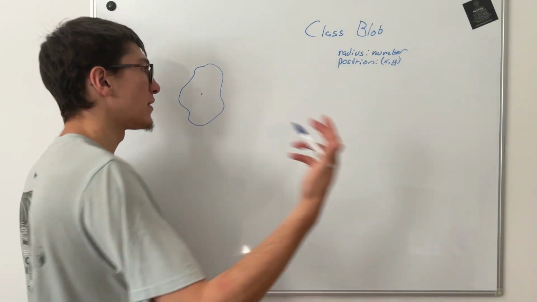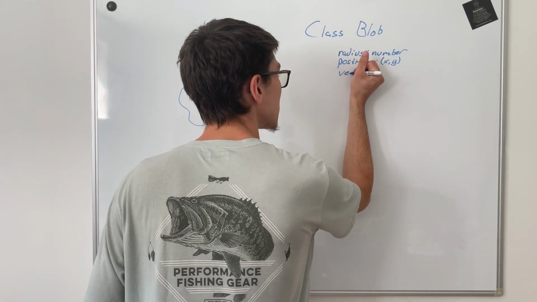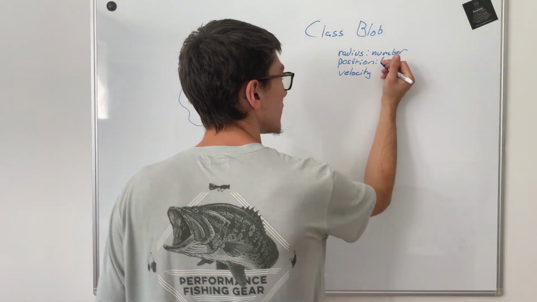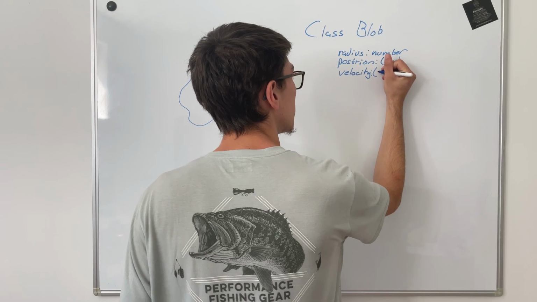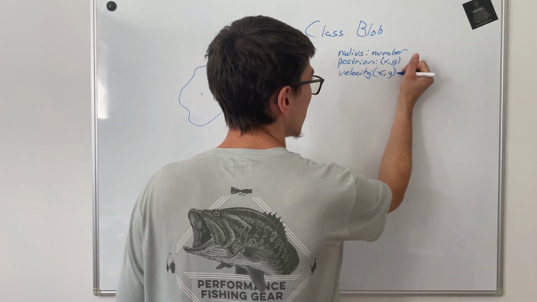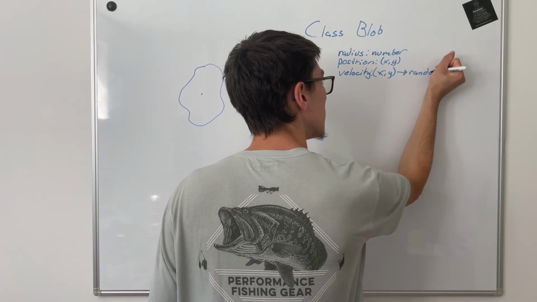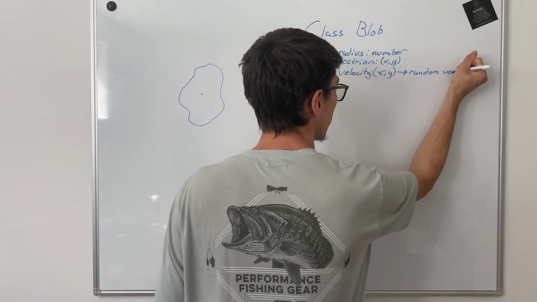We could have a random velocity, right? So a velocity, also going to be XY. And I'm going to use a random vector.